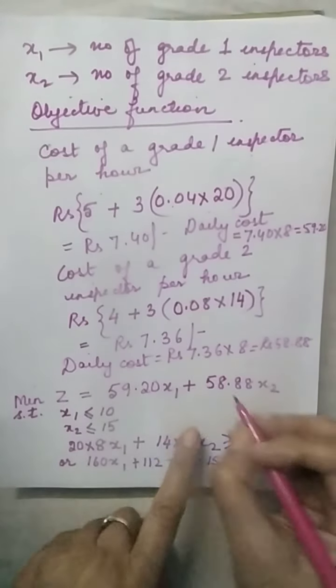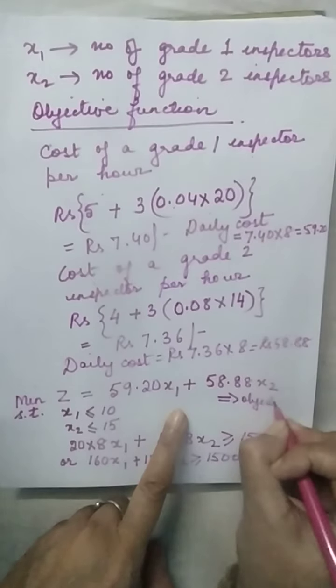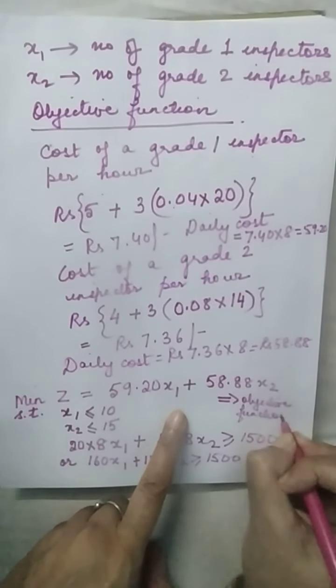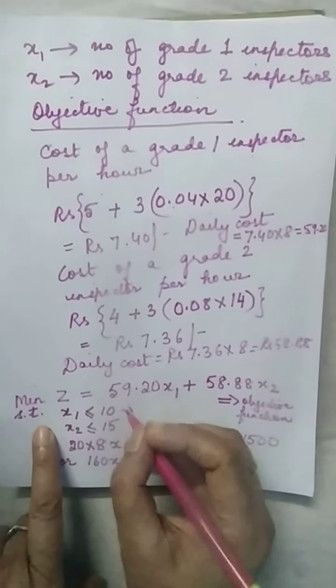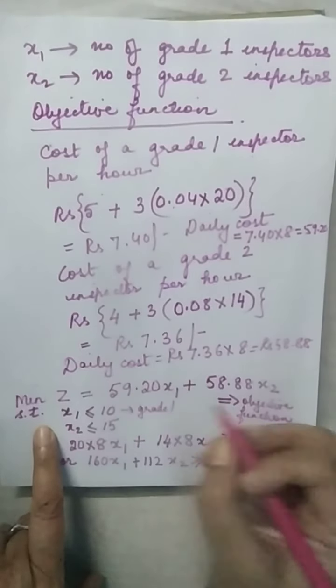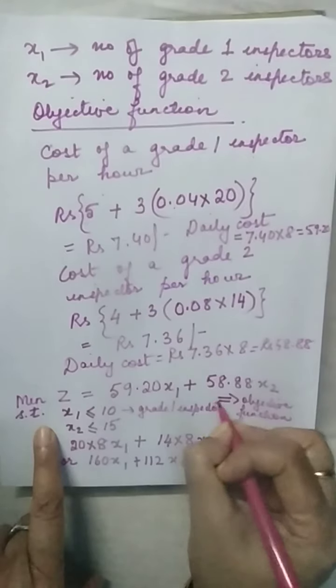So this is my objective function. This is my grade 1 inspector constraint.